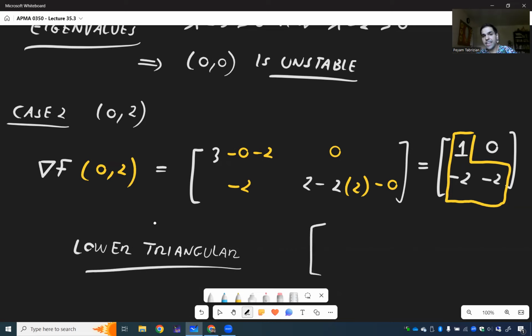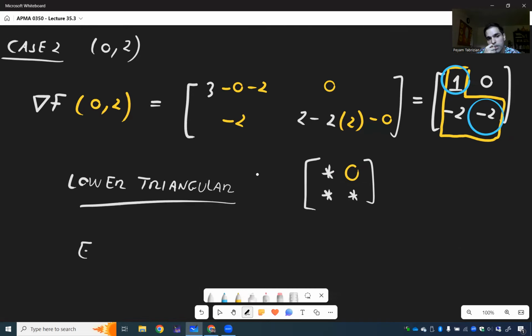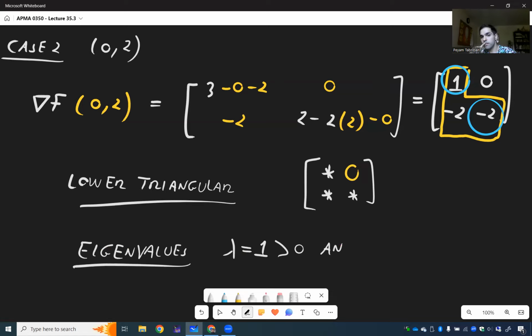Which means it has this staircase pattern where in the stars we have zero or non-zero terms, but everywhere else we have zero. And it turns out for lower triangular matrices, you can also read off the eigenvalues. So here, the eigenvalues are lambda equals 1, which is positive, and lambda equals -2, which is negative.